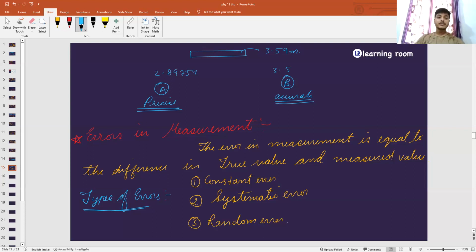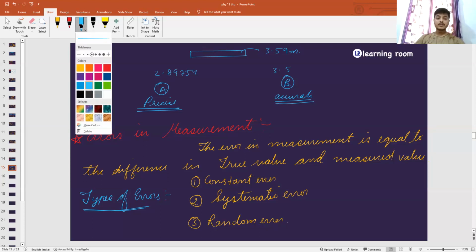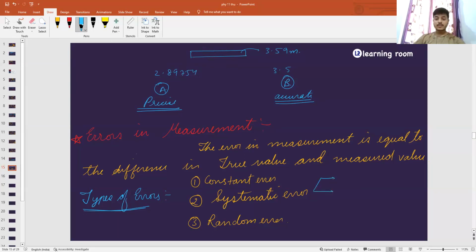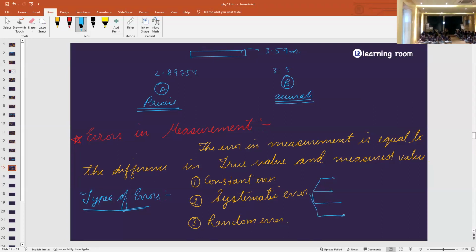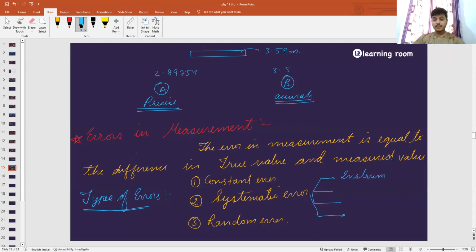Systematic errors are of different types. First of all is instrument error. Second one is imperfection in experimental technique.